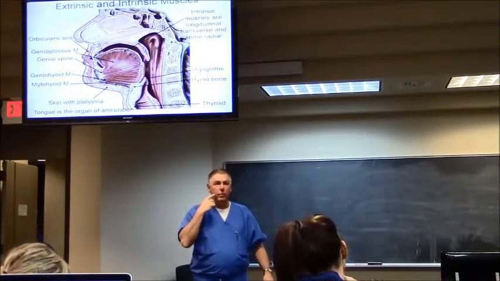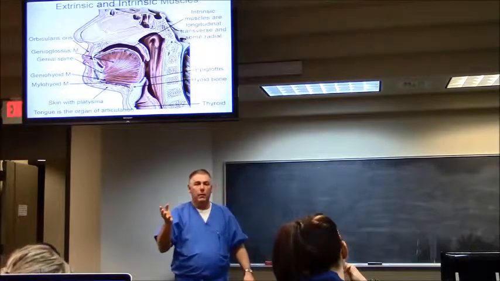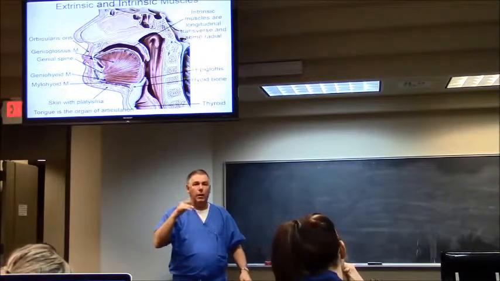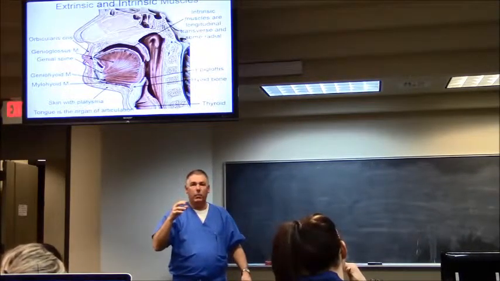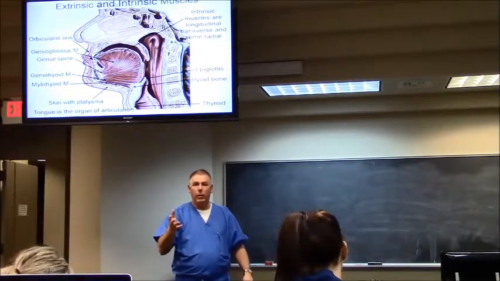What keeps the food between the teeth? What innervates that? Buccinator. What cranial nerve? 7. What moves the tongue up and down? What innervates the tongue? The hypoglossal, 12.